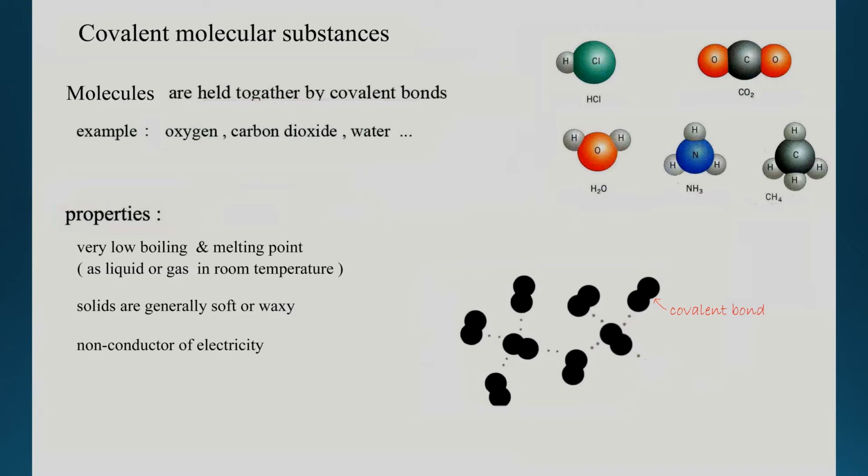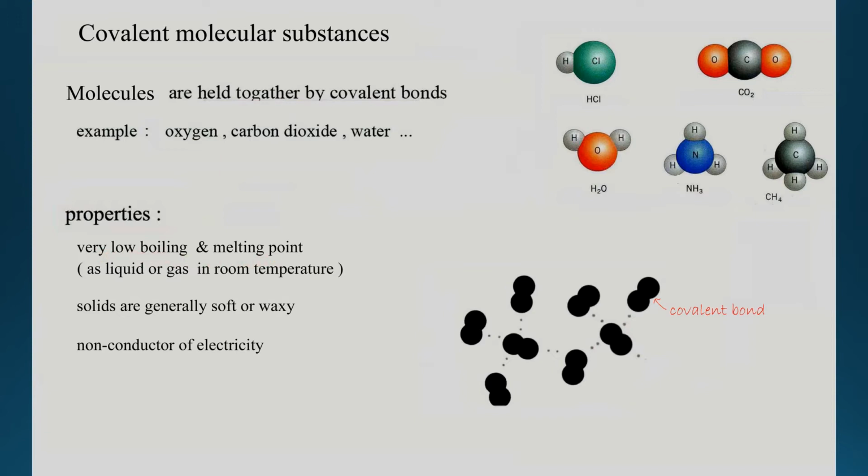But if you examine the properties, something will give you a very unexpected result compared with the last one. They have very low boiling and melting points. In the last example, it takes 4,000 degrees to melt rock, and this property is quite the opposite.